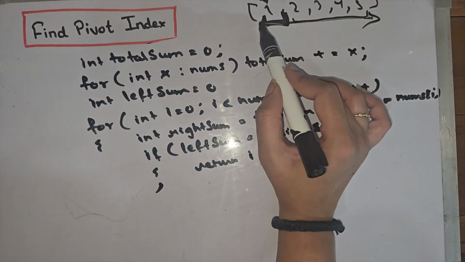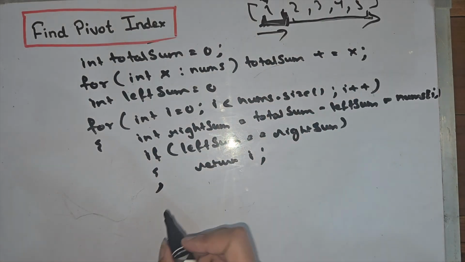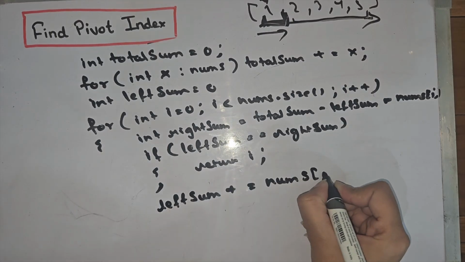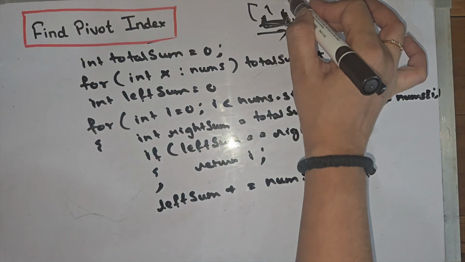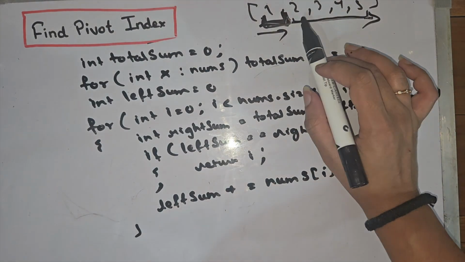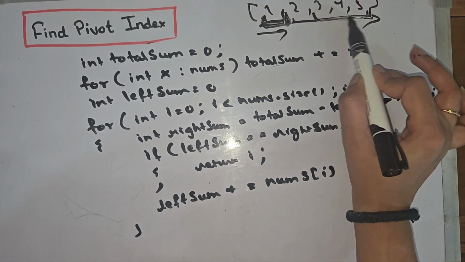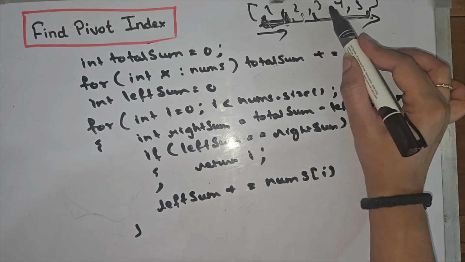Now this is evaluated. Now we need to have the running left sum. So for that, we update left sum. Now the left sum will have 1 in it. Now i will be incremented and reach till here. When i is here, we have this left sum and this right sum, and both will be compared. Then i will move further forward, left sum will be this and right sum will be this.